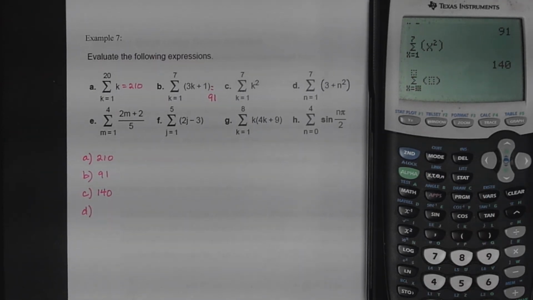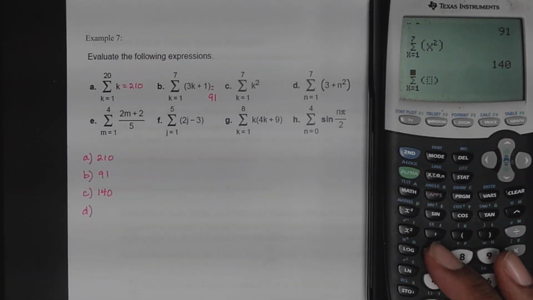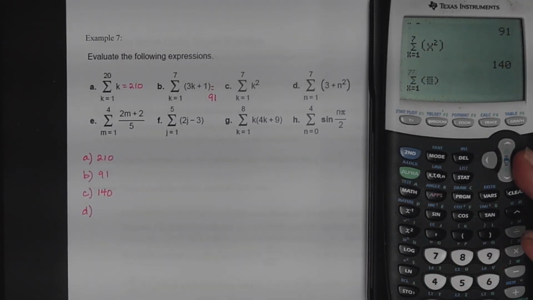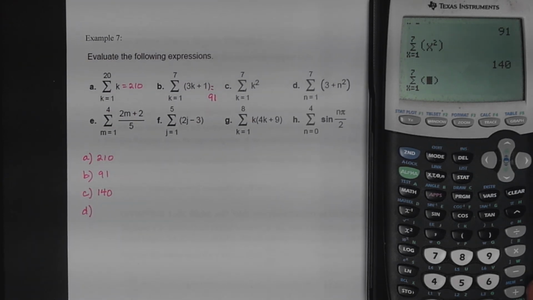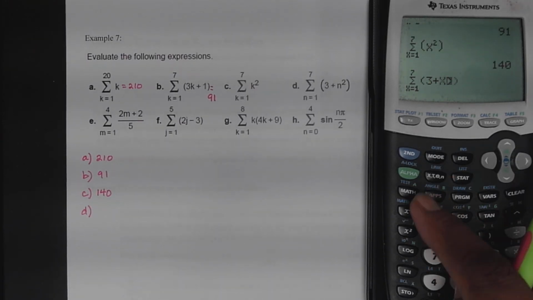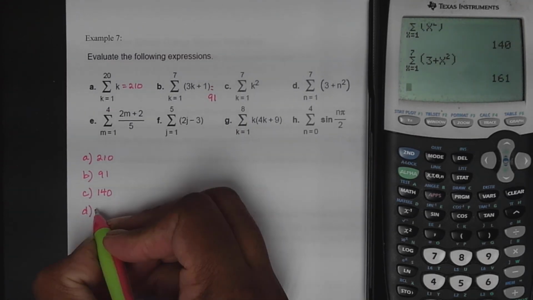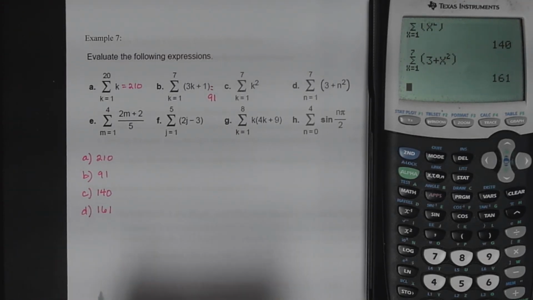Our lower limit is 1, so we type in the 1. Upper limit, use your up arrow key, is 7 again. This time it'll be 3 plus n squared, but I'm going to use 3 plus x squared, since I'm using x in this case. 3 plus, get the x, and then square it. So it'll be 161.